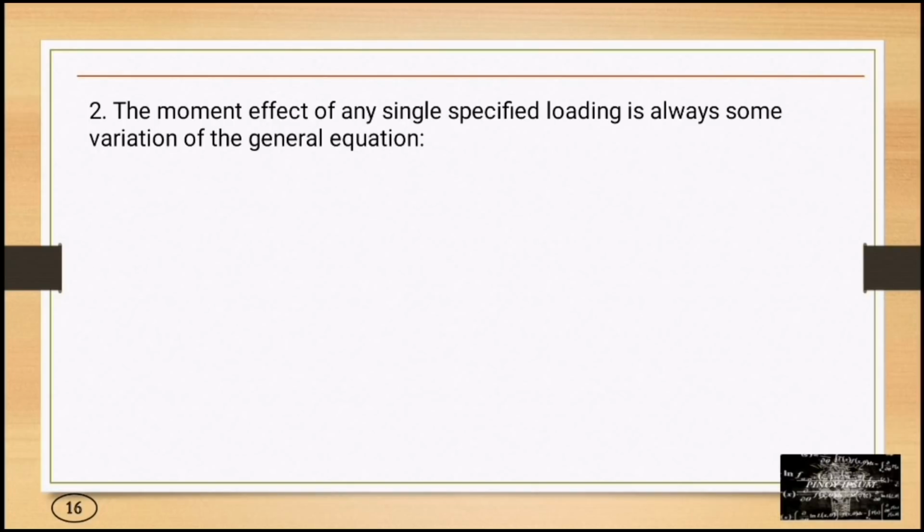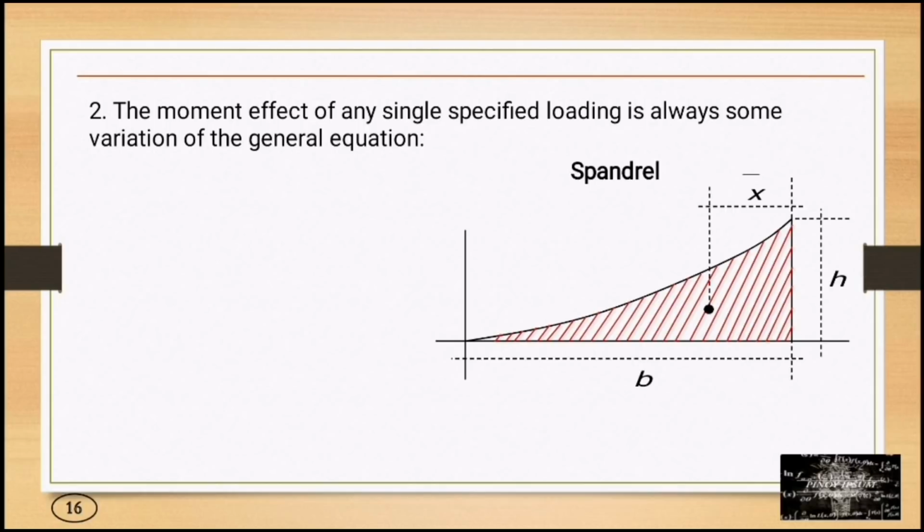Number 2, the moment effect of any single specified loading is always some variation of the general equation. So we have spandrel. Mostly kasi sa moment diagram by parts are spandrel. So we have the general equation, y is equal to k times x raised to n.